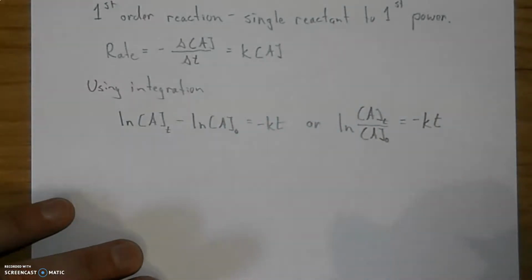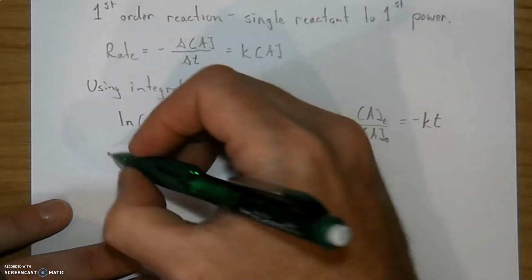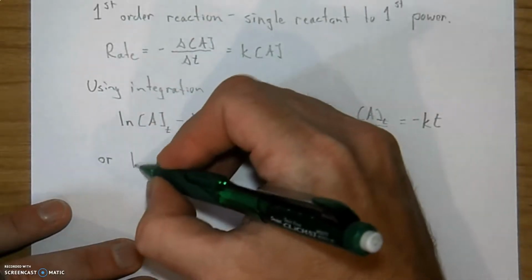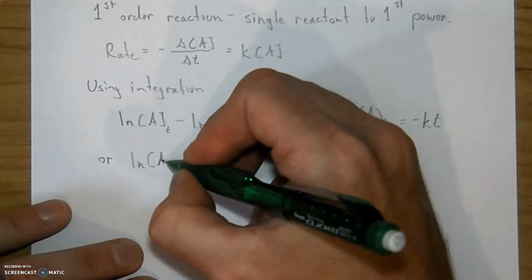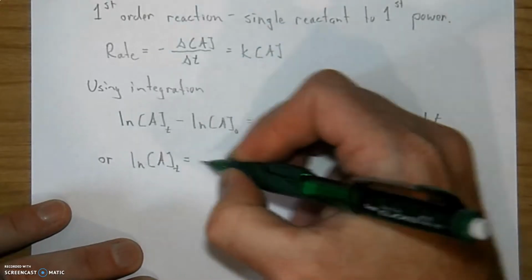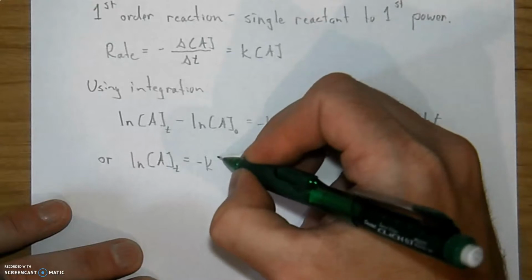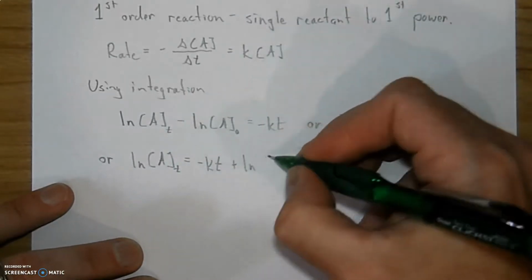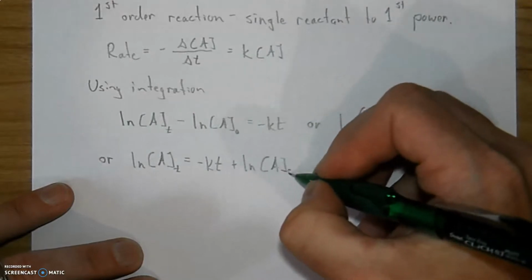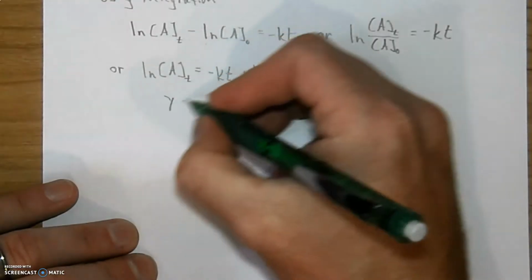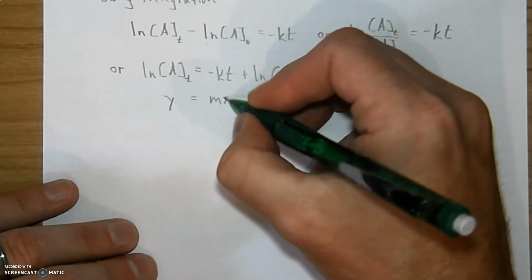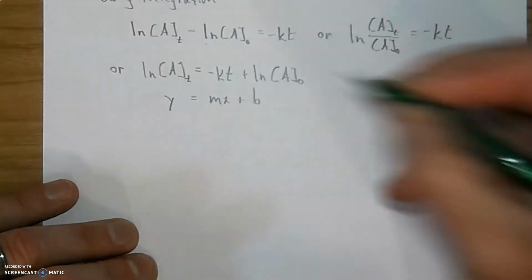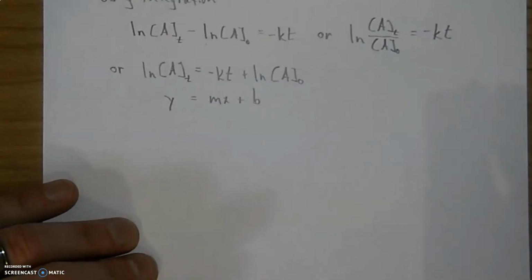Now, if I rearrange this a little bit, I can express it also like this, just moving the initial concentration over. And this should start, or maybe is starting to look sort of familiar to you. y equals mx plus b. And okay, so I have that.